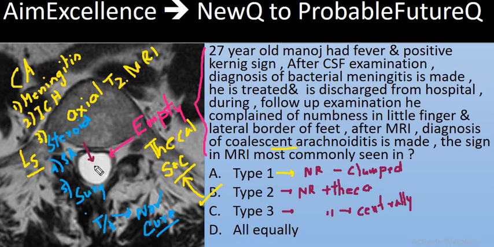There are very few cases where calcification is seen. So this is the particular case. This is coalescent arachnoiditis, and it is the empty thecal sac sign.